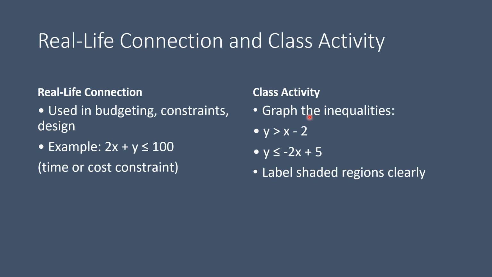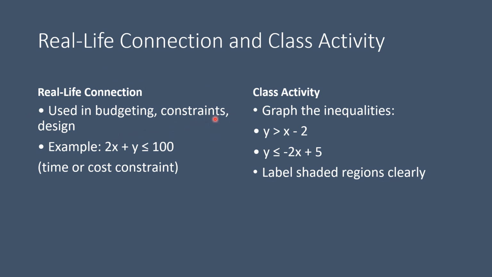So let's see the real life connection and a class activity for you to practice your hands on. We can use this in budgeting, and we can use it in constraints and design. There are a lot of lessons coming and you will understand them very much. They are very useful, and you get to know the importance of studying linear inequality.